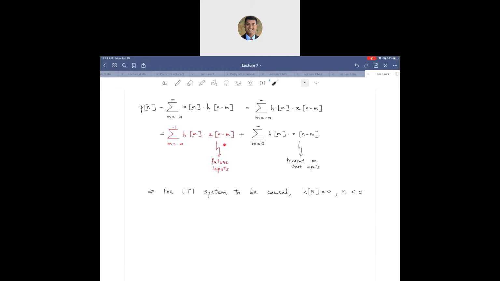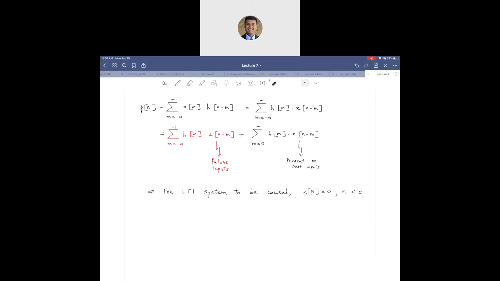Well, the answer to that is this. We are talking about a system property, not a signal property. Input x is in the control of the person using the system. So I can provide an input at time 0, plus 2, minus 1, at any time. That is in my control. But the property of the system, in order for it to be a causal one, should be dictated by its impulse response, or by how the output is related to the input.